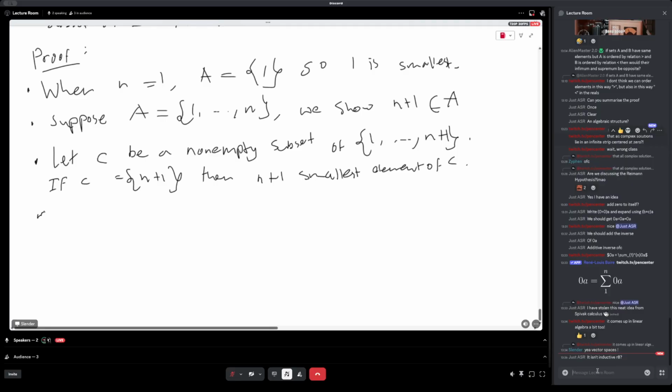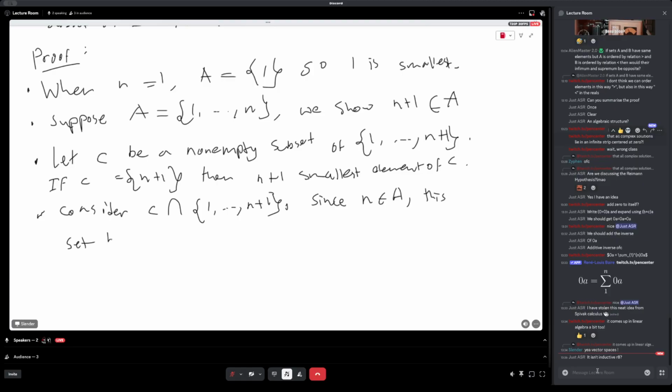Otherwise, consider C intersection with 1 through n.